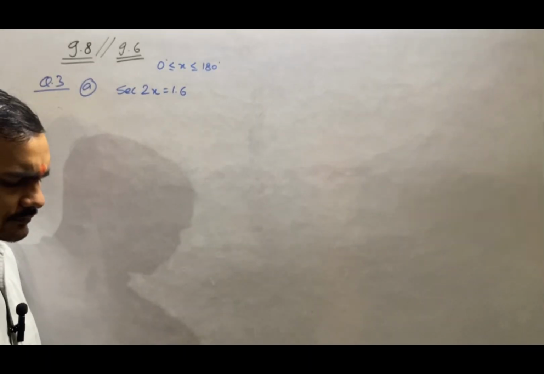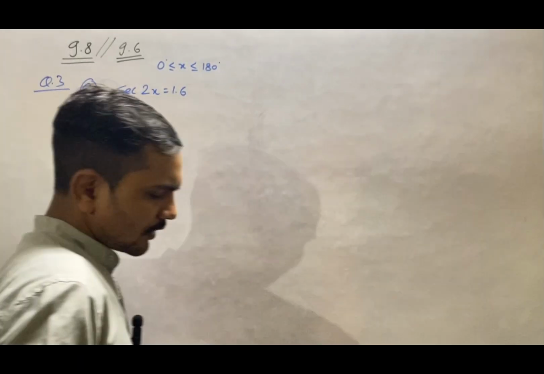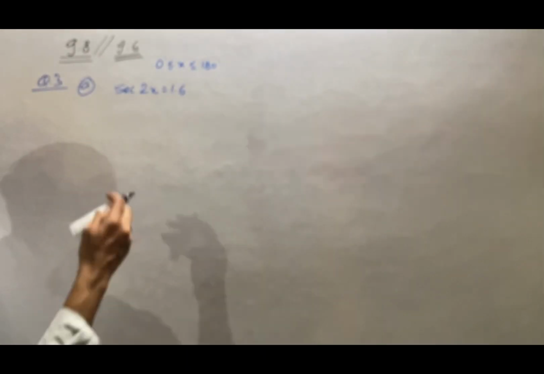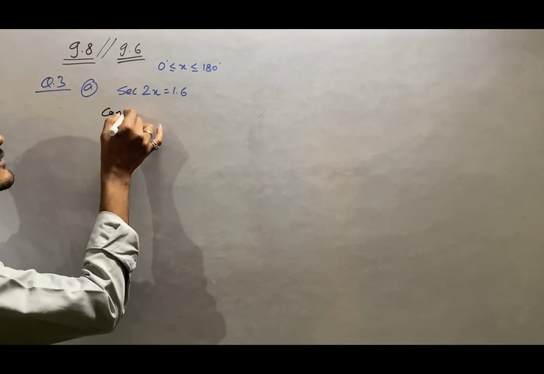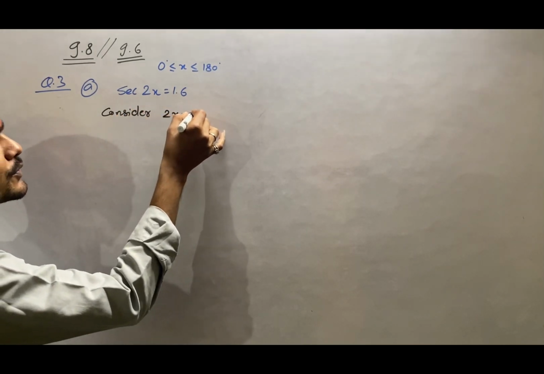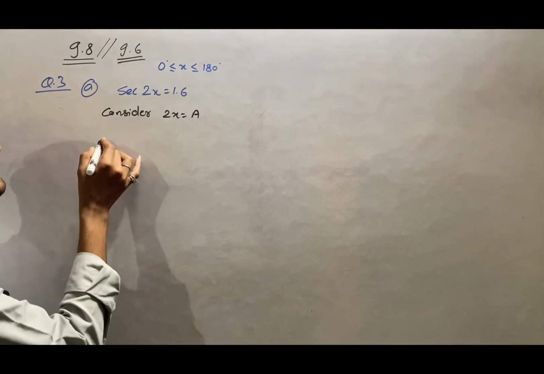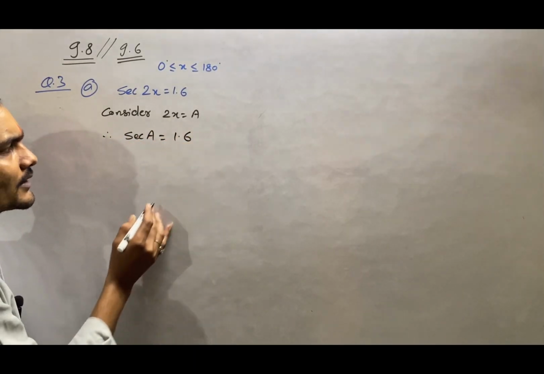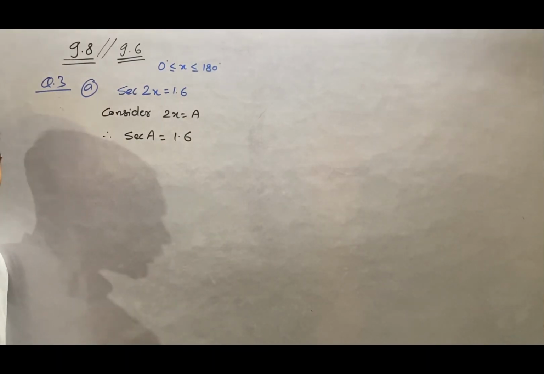As we know, what we will do here is consider 2x equals A. So we can say sec of A equals 1.6. We have to take the reciprocal of sec.